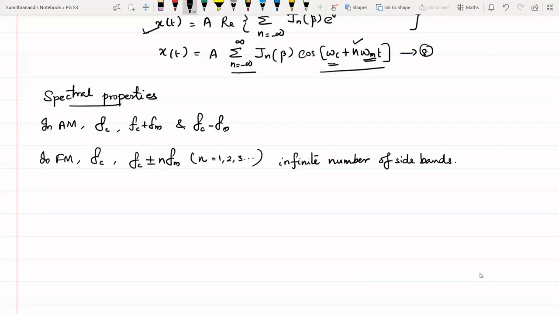That is, n varies from minus infinity to infinity, so that we have an infinite number of sidebands.